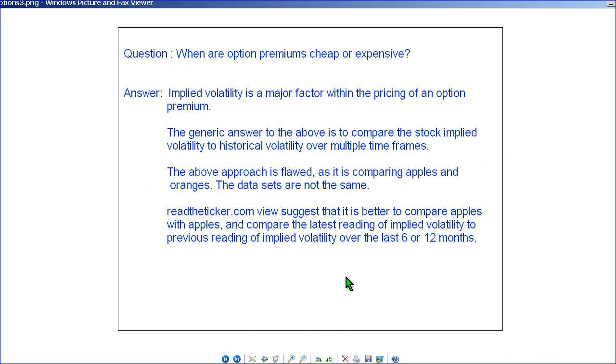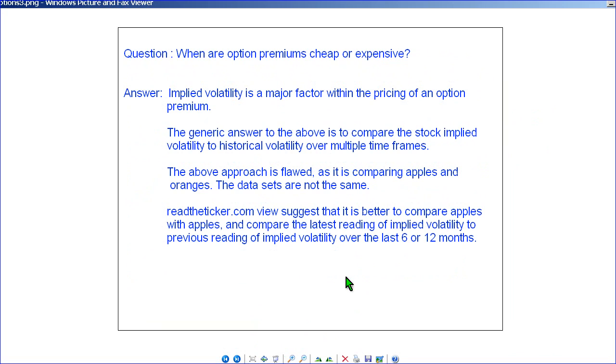All right. A lot of people ask in the options game, when you're looking at premium prices, are the option premiums cheap or expensive? Implied volatility is a major factor of pricing an option premium. The generic answer to determine whether an option premium is expensive or cheap is to compare implied volatility at say 30% compared to historical volatility maybe at 20% over a period of time.